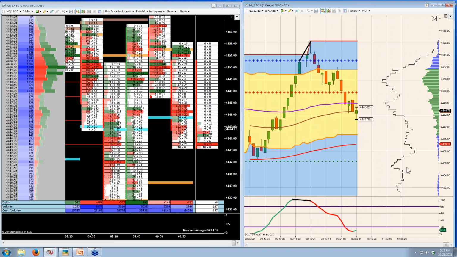But this is the cumulative volume based on numerous days, this black outline. This is just today, over here as well on the order flow. Oh, okay. So I guess I didn't understand your question.